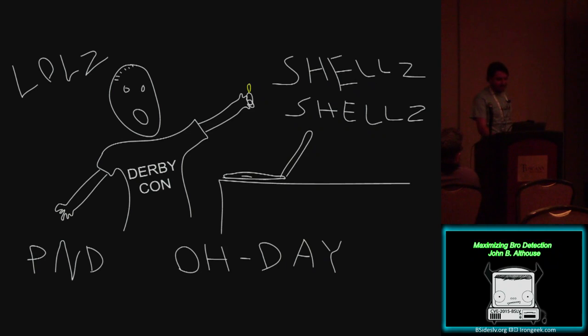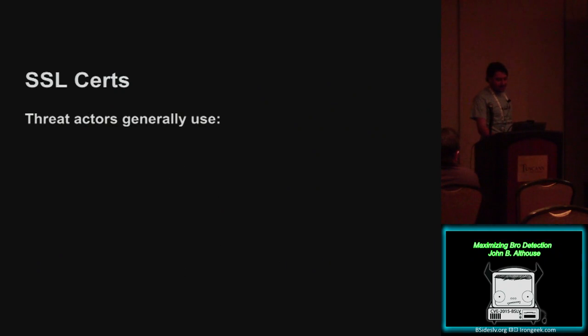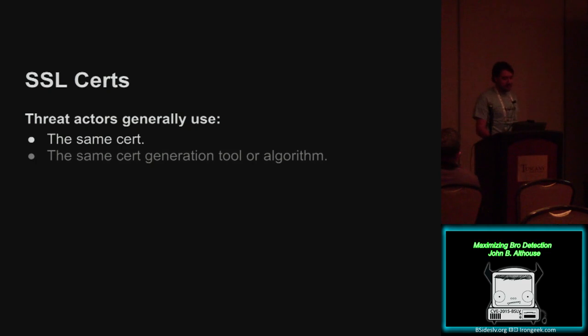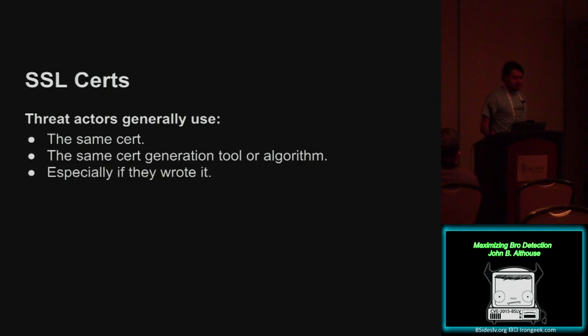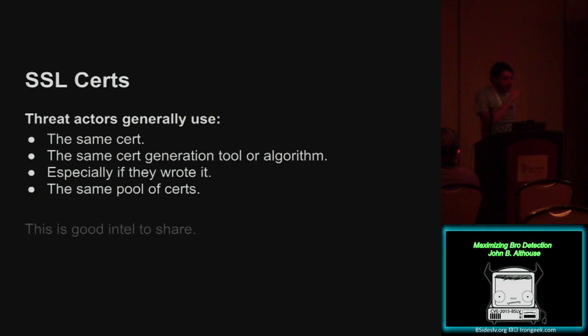And threat actors generally use, when it comes to SSL, when they're doing an exploit over SSL, or they're using SSL for their command and control channel, they'll generally use either the same cert all the time, unlikely, or the same cert generation tool or algorithm, especially if they wrote that tool or algorithm. Or they'll have some pool of certs that they've created that they think look really good, and they'll just use that pool of certs that they've generated. Either way, all of this is good intel to share because we can detect on all of that.